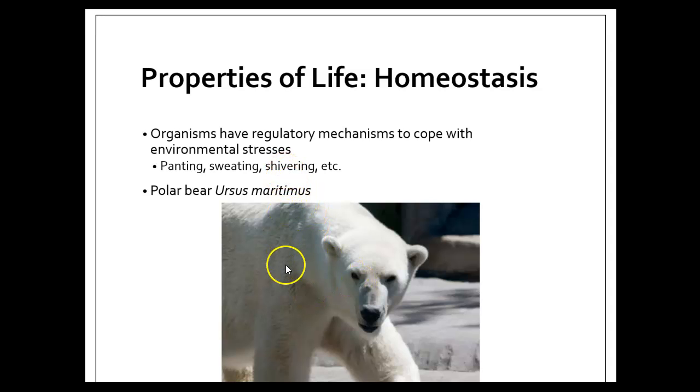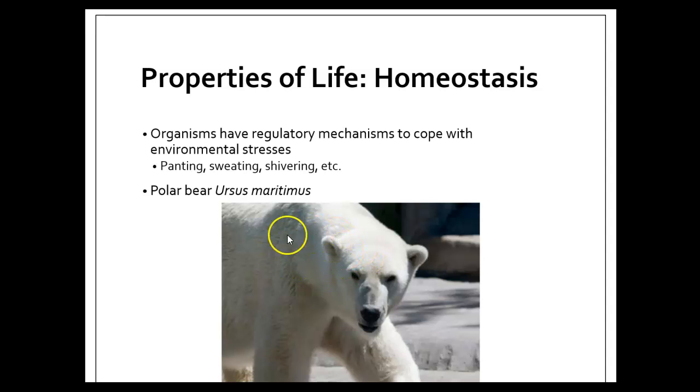Maybe does some shivering, but we sweat when we're hot because the sweat carries heat away from our bodies when it evaporates. This is a picture of a polar bear, Ursus maritimus, which is the scientific name for polar bear.